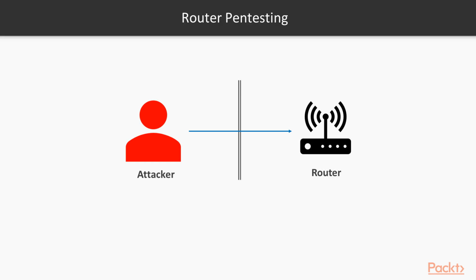The work of the attacker is to get information about all the services running inside this router, try to log in to these services, and try to perform a brute force attack on them. This can be done by any external user, or we can say an attacker.